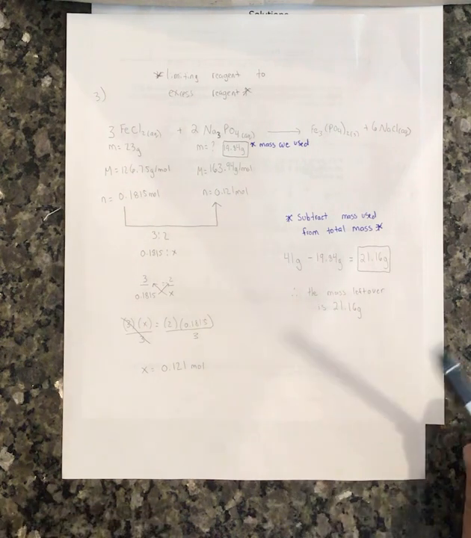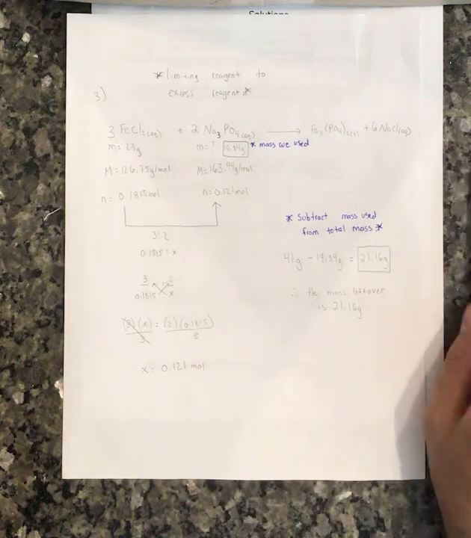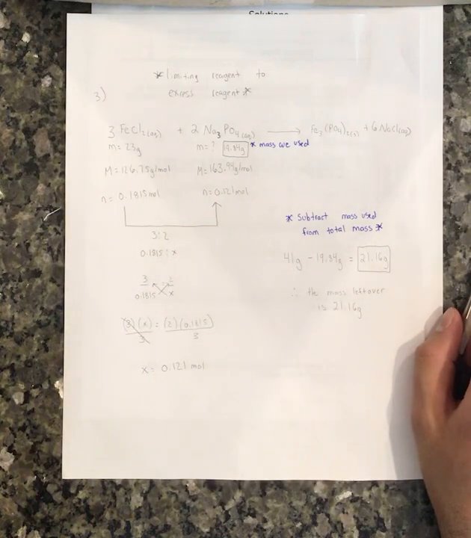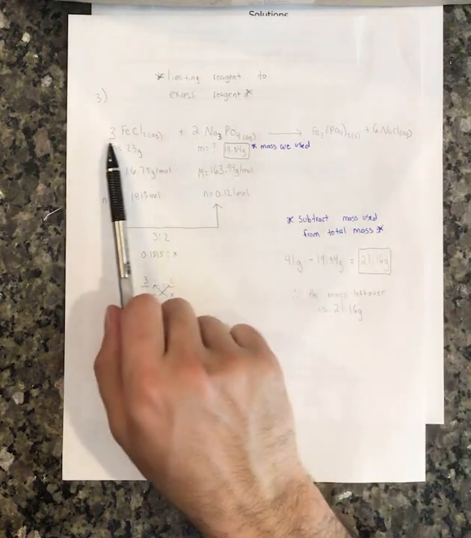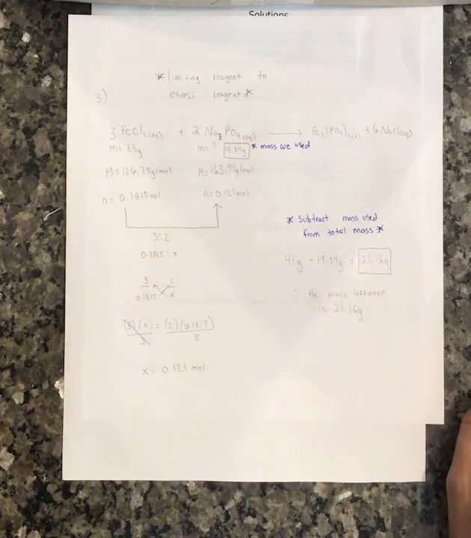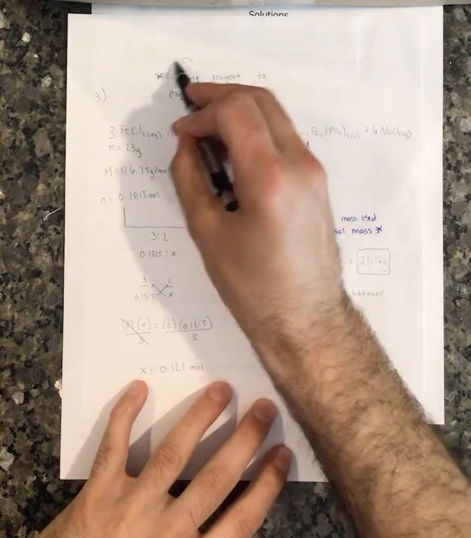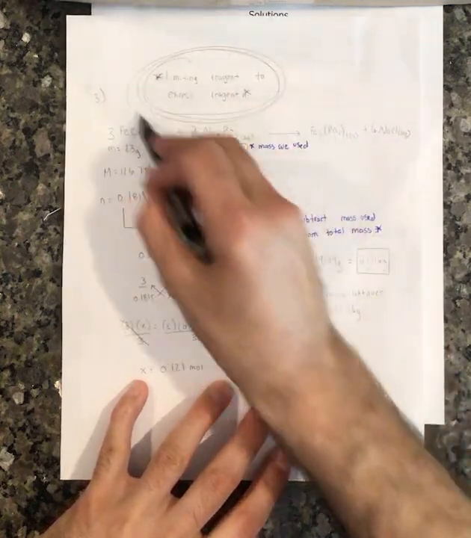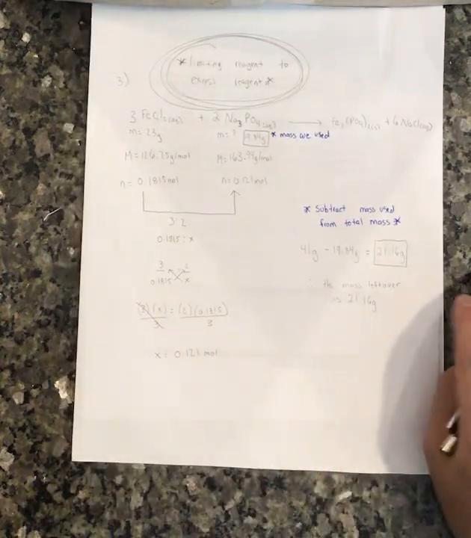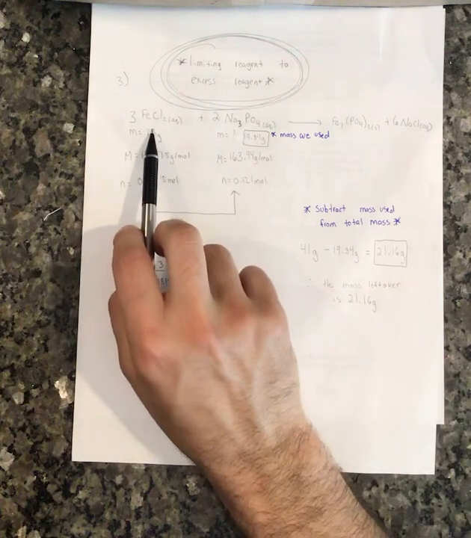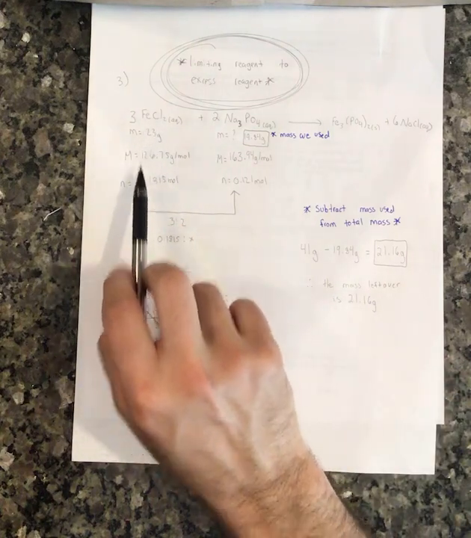Okay, so just to recap, when you're doing an excess reagent question, the easiest way is to restart it. So you recopy what you've had. You need to remember this here, limiting reagent to excess reagent. If you remember that, that'll help you out a lot. All your mass, your molar mass, and your moles are staying the same.